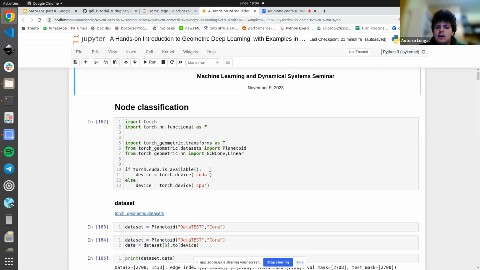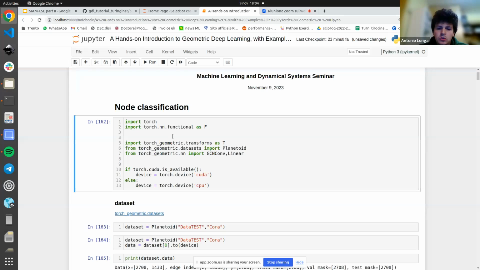Let's start with the node classification task. Here, the aim is that we have a huge graph with some features on nodes and some labels. What we want to do is learn on some nodes and predict on other nodes.